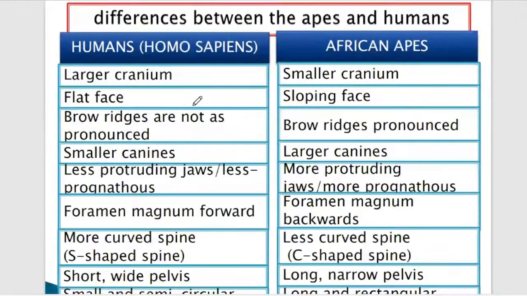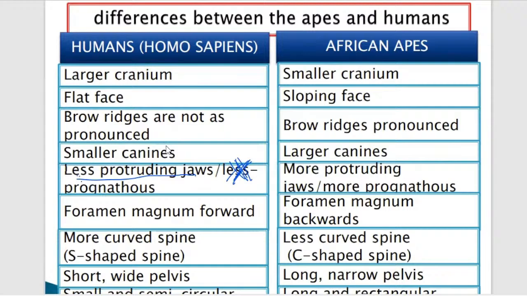So guys, there's something which I need to talk about here. Don't say less prognathous. You can say less protruding jaws, but you don't say this one, because we updated this after the book was out.